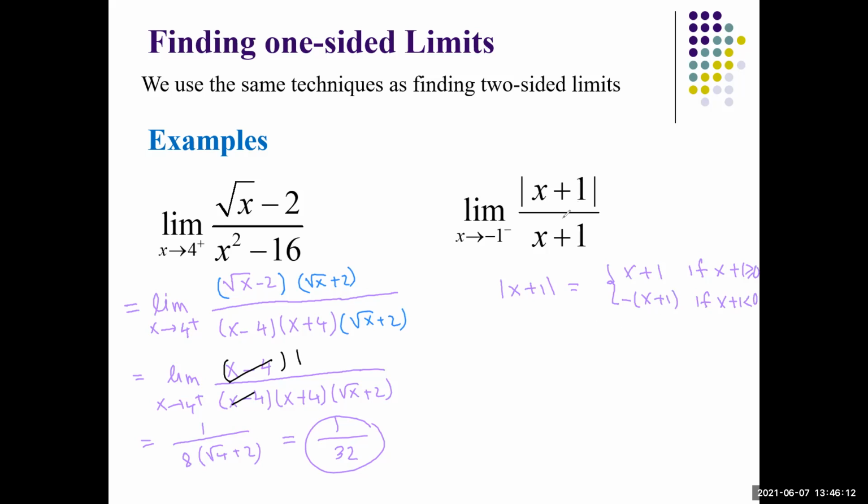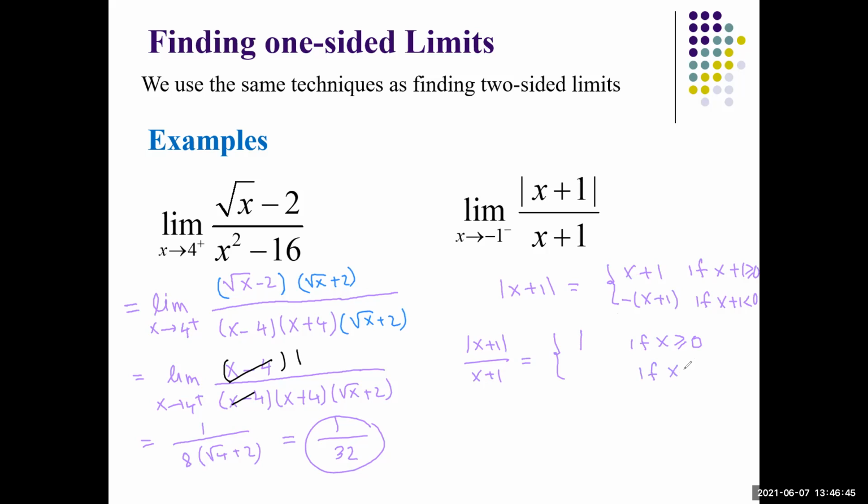In our case, if the numerator is split into these two, then the function here, absolute value of x plus 1 over x plus 1, would equal what? So if x plus 1 is greater than or equal to 0, or if x is greater than or equal to negative 1, the numerator becomes x plus 1. We have x plus 1 on the bottom, we cancel, so that becomes 1.